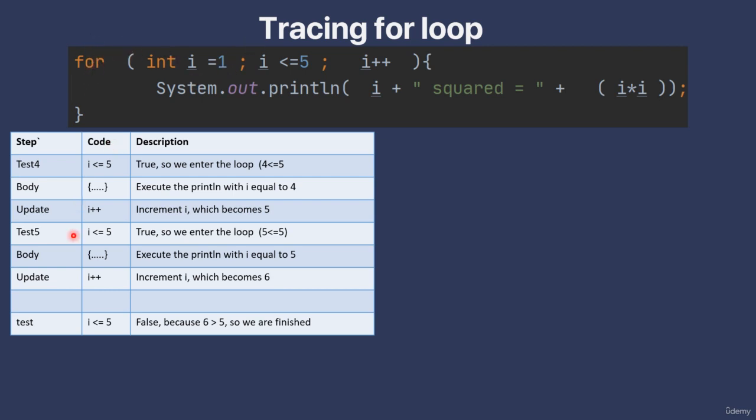So is I less than or equal to 5, with I equal to 6? False. Because 6 is greater than 5, it is not less than or equal to 5, so we are finished. This is the detailed tracing of the for loop.